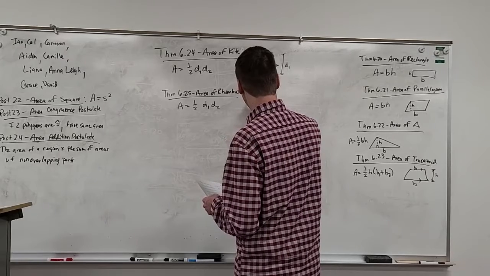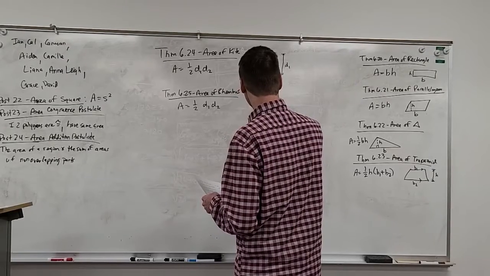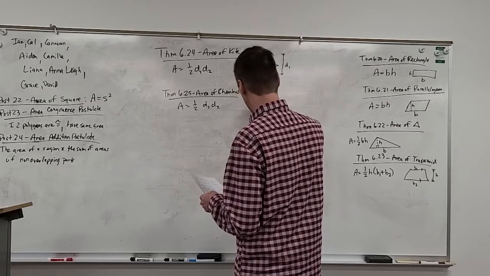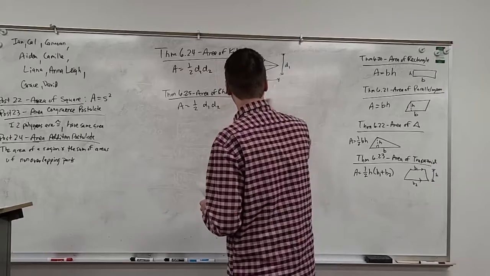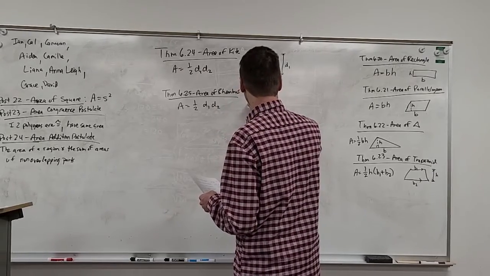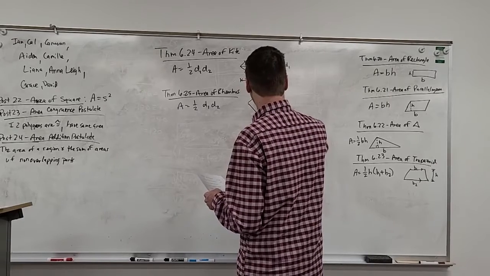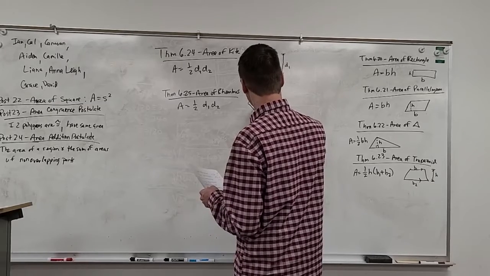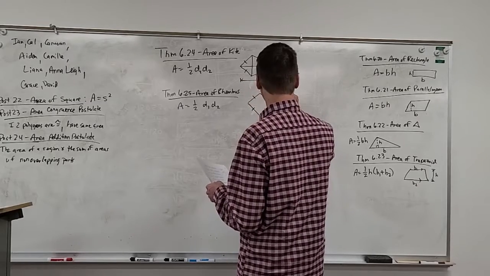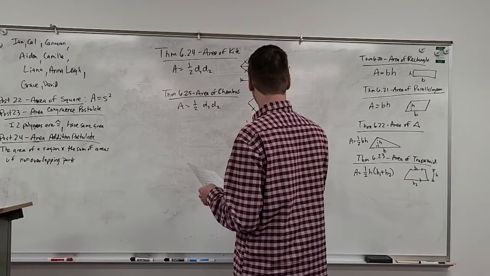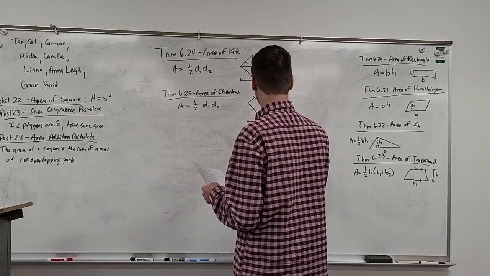And so, let's see. Draw it like this, just so it'll be a little easier to see. Kind of draw it like a diamond, where these are all equal to one another, and this distance here is D1, and this distance here is D2.